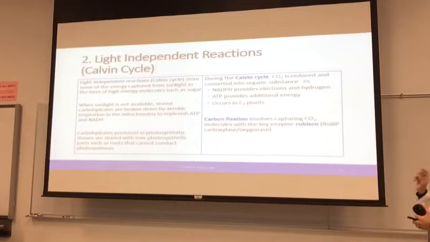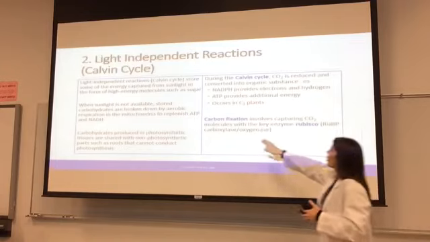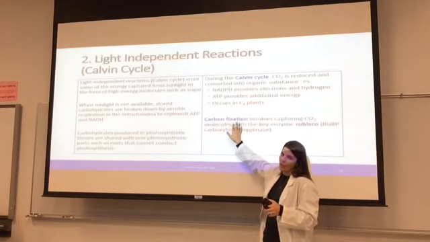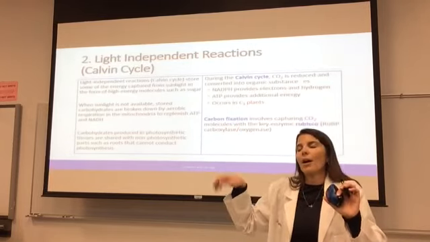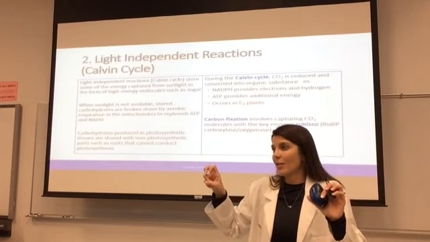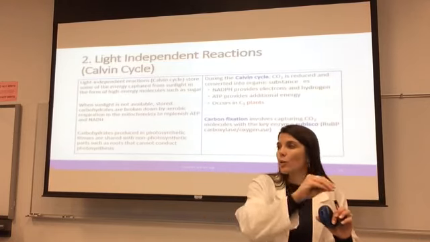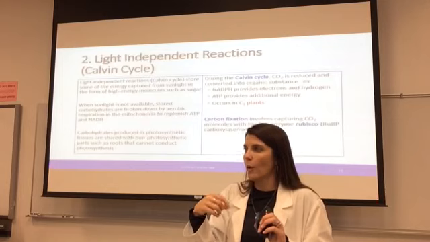The process of reducing CO2 to glucose is called carbon fixation. You're going to see the term fix. Has this carbon dioxide been fixed? That means, has it been reduced? And I'm going to explain what I mean as I move forward.